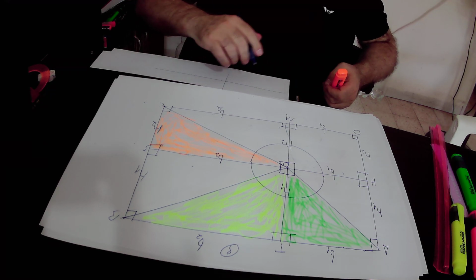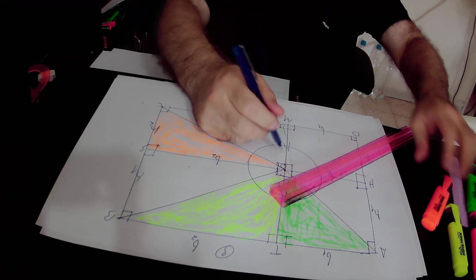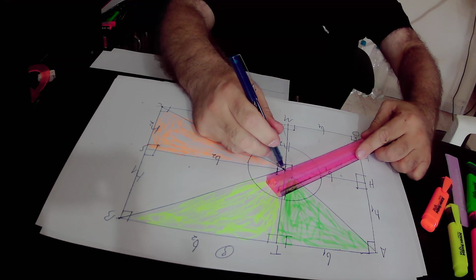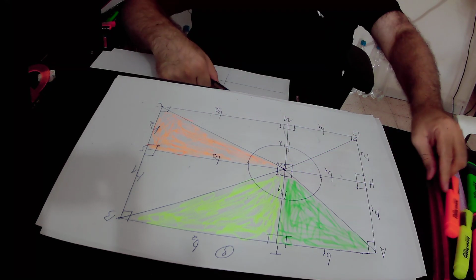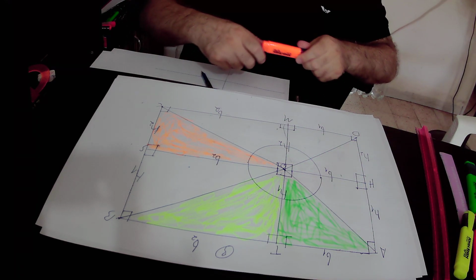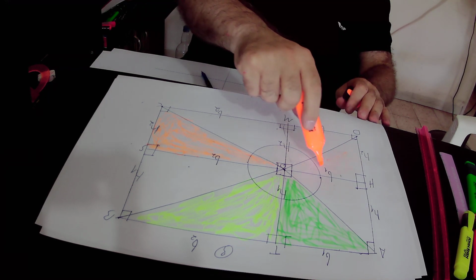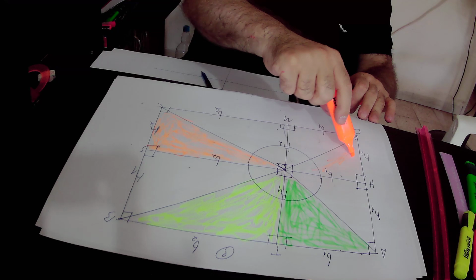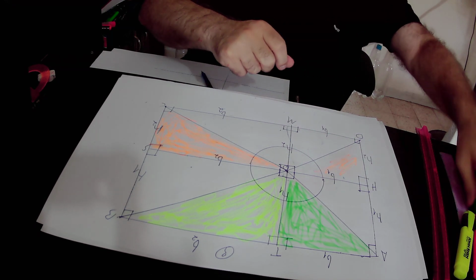And finally, we join points D and O together by a straight line. And we implement the Pythagoras theorem on the pink right triangle, triangle DHO.